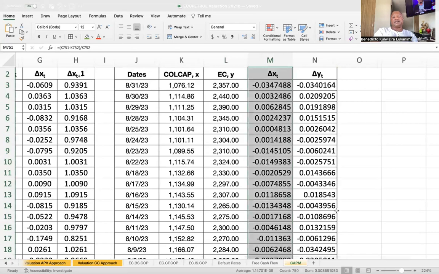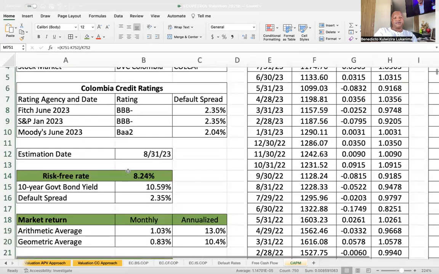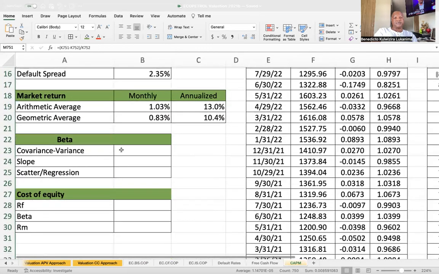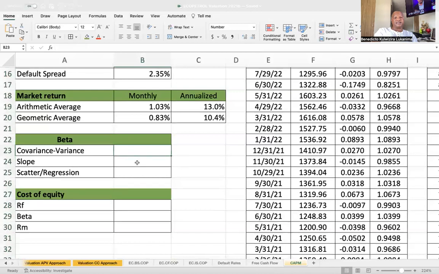So what is next? Next is to calculate beta. I've created a template here for calculating beta using 3 methods: covariance and variance, the slope, and the scatter or regression. So I'll start with covariance. That is the covariance between the stock returns and market returns.